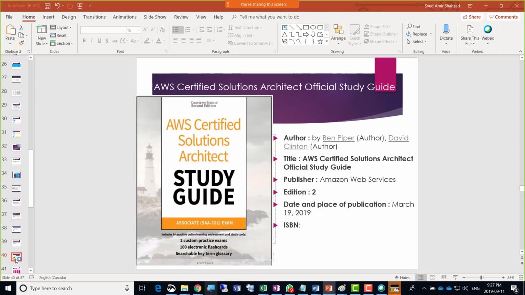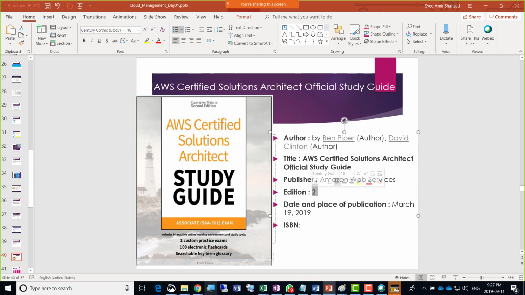Before I go ahead, there is a slide that just popped up in front of me. Before I go to AWS and talk about the topics, this is the study guide for AWS that is recommended. Please do purchase this study guide, and this is edition 2 that you're going to purchase.